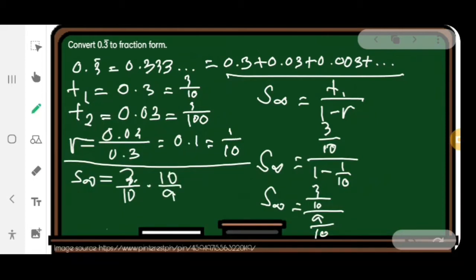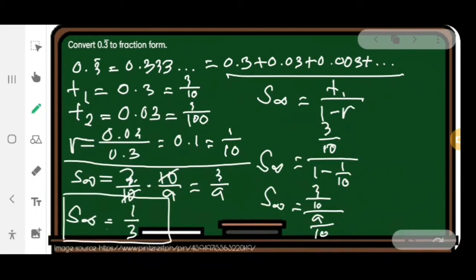Since we have 10 in the denominator and 10 as numerator in the other fraction, we are going to cancel. So 3 over 10 times 10 over 9 is equal to 3 over 9, or the lowest term of 3 over 9 is 1/3. So 0.333 and so on is equal to 1/3.